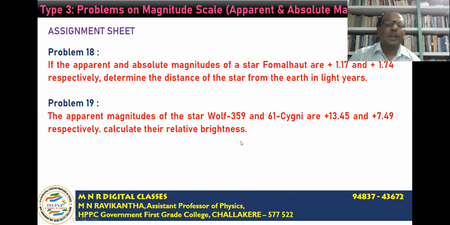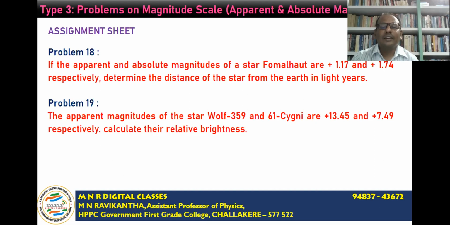Next, we have some problems for assignment. The first one, problem number 18: if the apparent and absolute magnitude of the star Fomalhaut are plus 1.17 and plus 1.74 respectively, determine the distance of the star from the earth in light years. To solve this problem, small m and capital M are given.